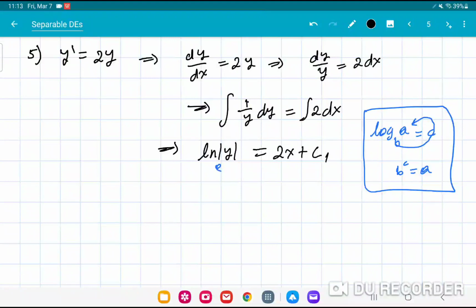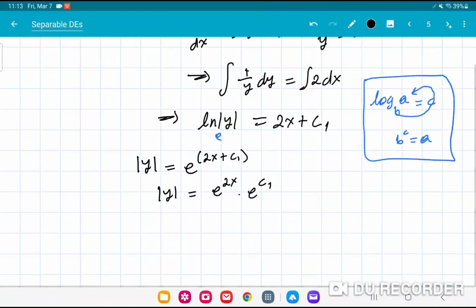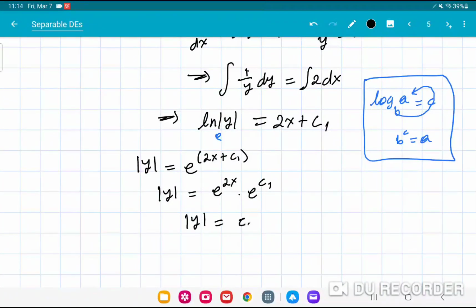Okay? So absolute value of y is e to the power of 2x plus c1, or absolute value of y equals e to the power of 2x times e to the power of c1. This is another arbitrary constant, but a positive arbitrary constant. So absolute value of y is some constant times e to the power of 2x.